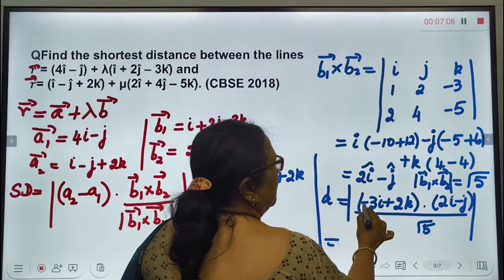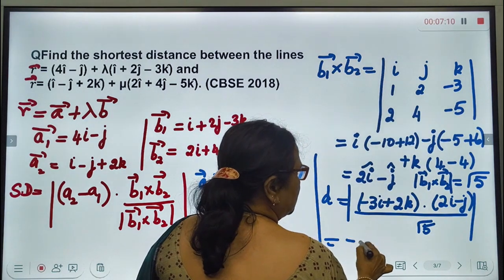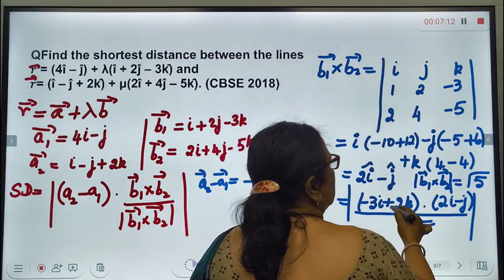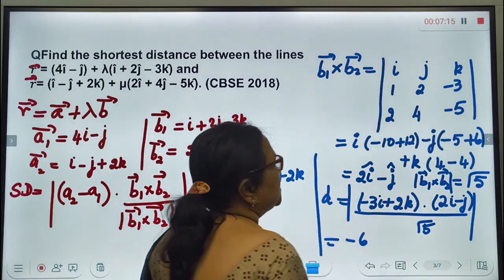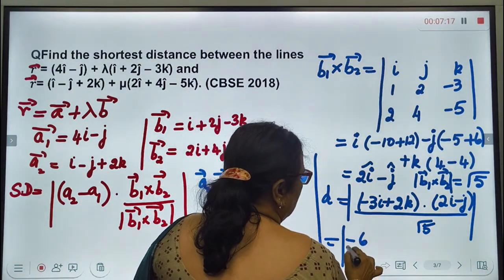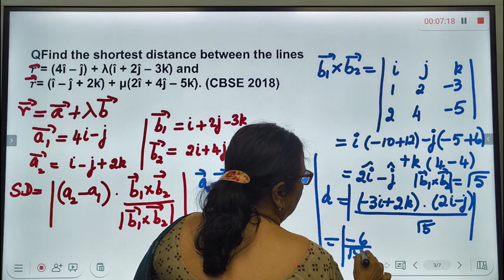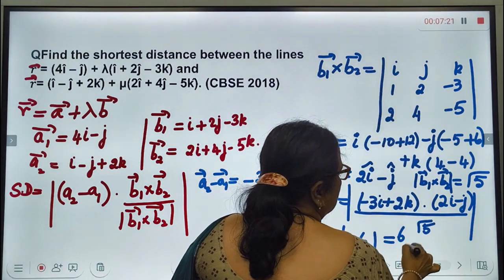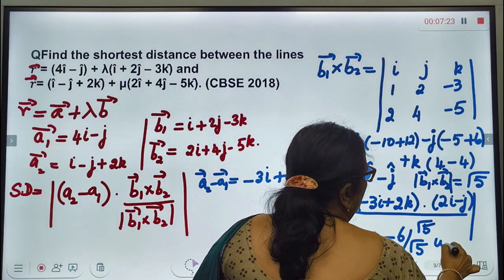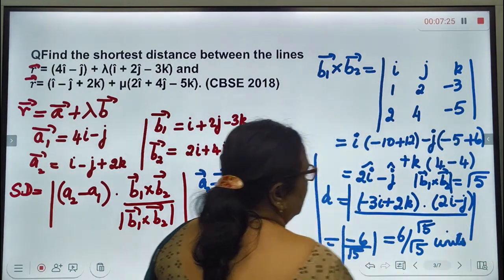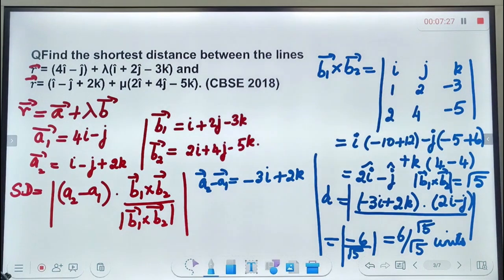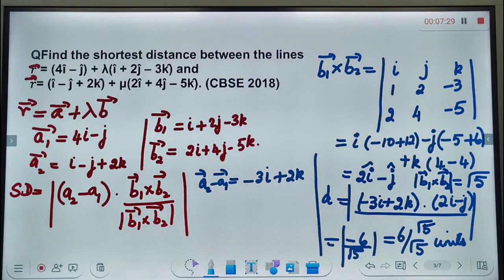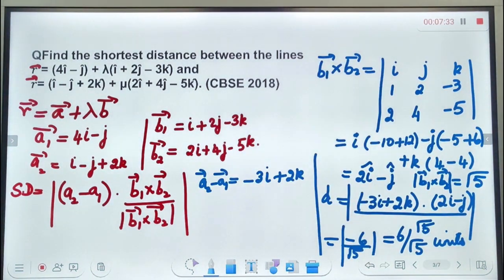This will be minus 3 into 2, which is minus 6; the j component is 0 and the k component is 0. So minus 6 by root 5. Since it is distance, 6 by root 5 units. So the shortest distance between the two given lines is 6 by square root of 5 units.